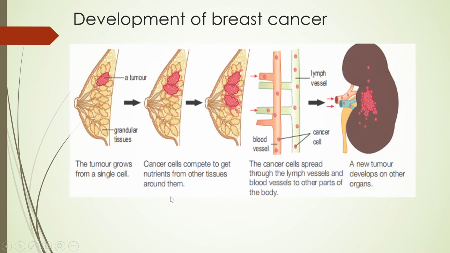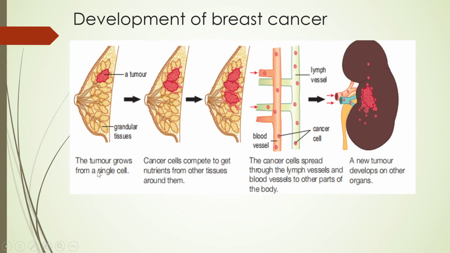Okay, so let's look at the picture over here. In the beginning, there is a tumor from a single cell. Something happened at the control system of the cell cycle. The cancer cells will compete to get nutrients from the other tissues around them. So competition happens and this tumor is getting bigger.